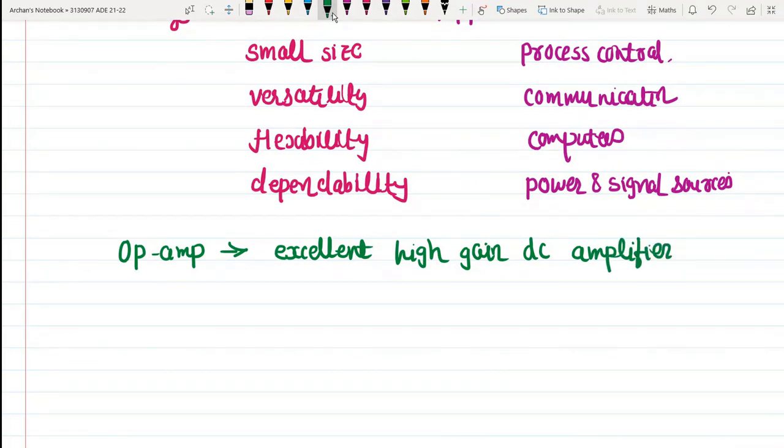Okay, see, we are talking about this amplifier. What do you mean by amplifier? Whenever we give an input of a very small signal, the output of this amplifier will be large. Suppose I am talking in terms of voltage. Say my input is 1 volt, then the output may be 5 volt, 10 volt, etc., depending on the gain offered by this amplifier circuit.